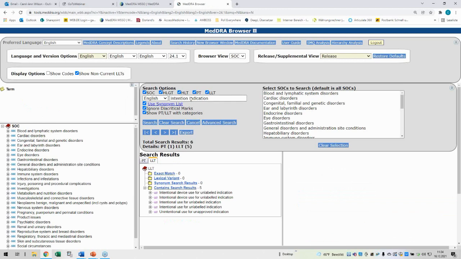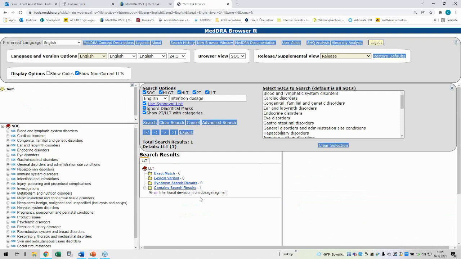Then intentional deviation from dosage regimen was one other option that we had. This would also apply because the dose administered or taken by the patient was much more than indicated in the label. So it was an intentional deviation from the dosage regimen.